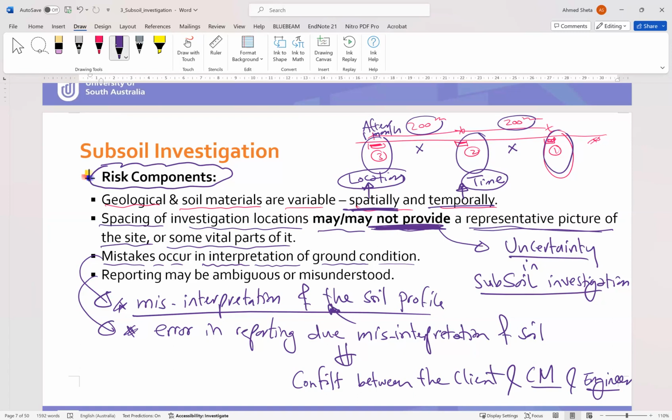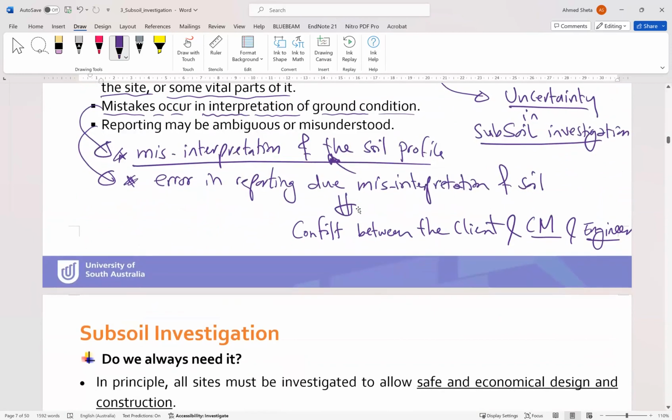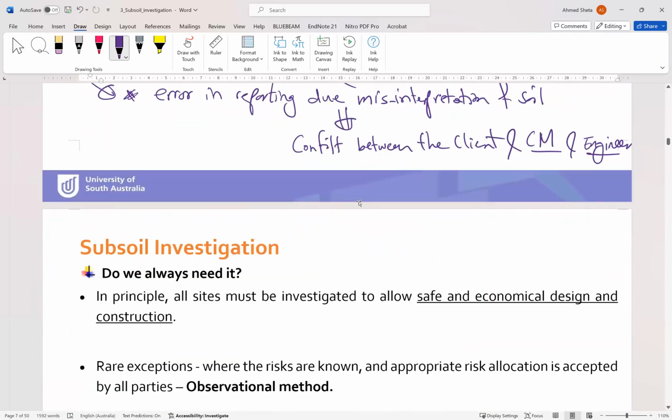This can lead to misinterpretation of the soil profile and cause error in reporting, which can lead to conflict between the client, the construction manager and engineers and so on. So these are some of the risk components associated with the subsoil investigation.